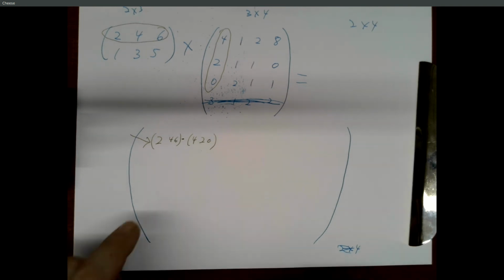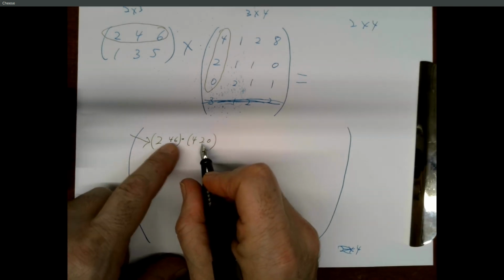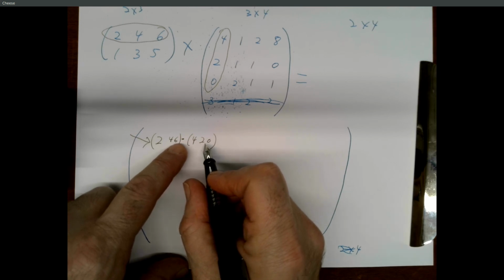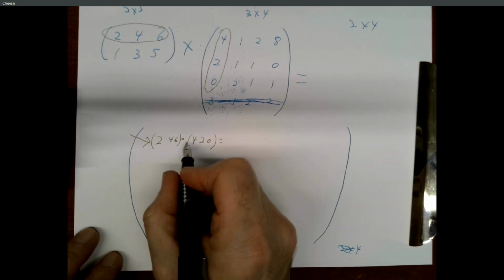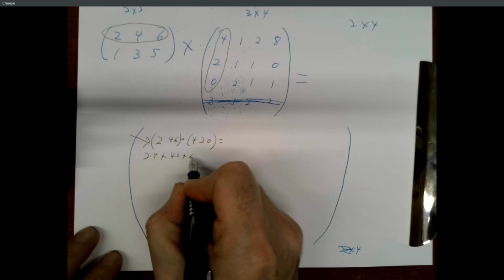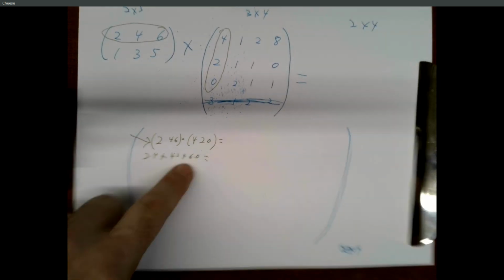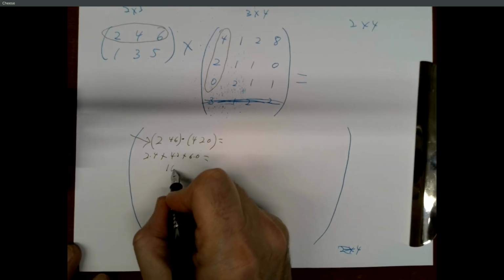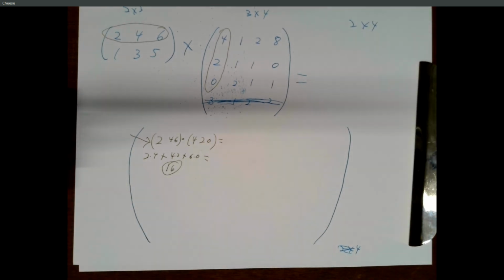A dot product just says multiply first by first, second by second, third by third, add them up. So 2 times 4 plus 4 times 2 plus 6 times 0. So that's 8 plus 8. That's 16.